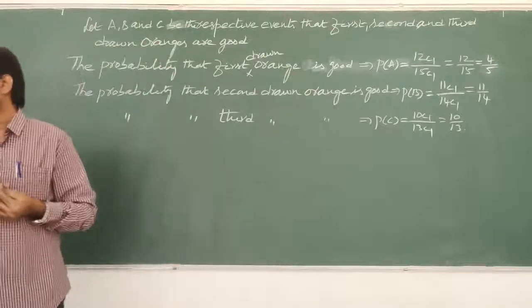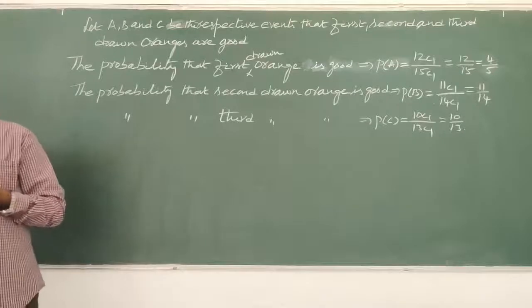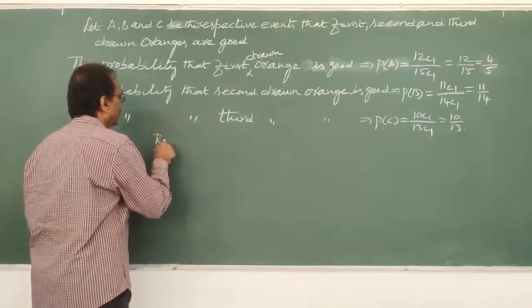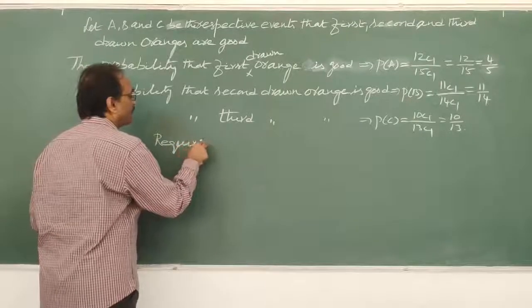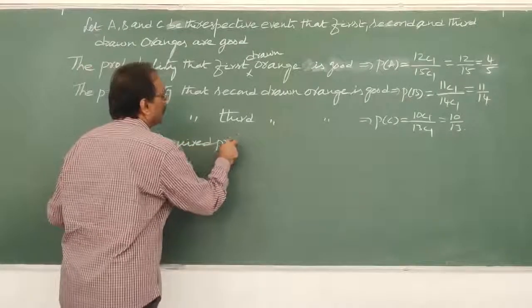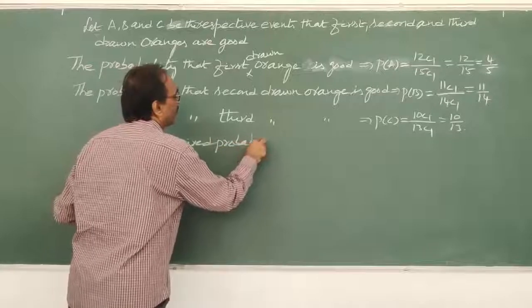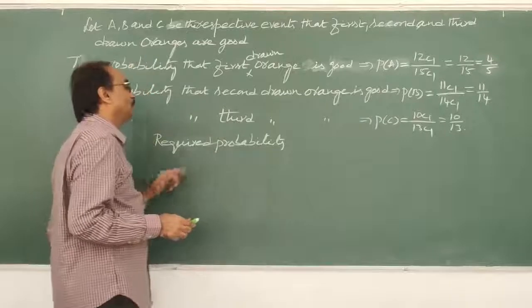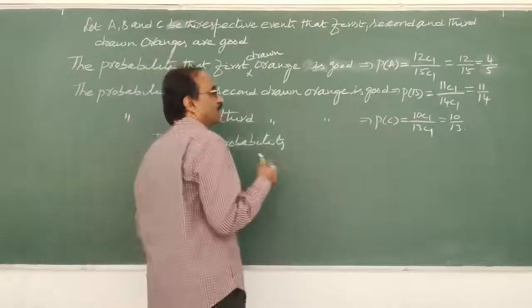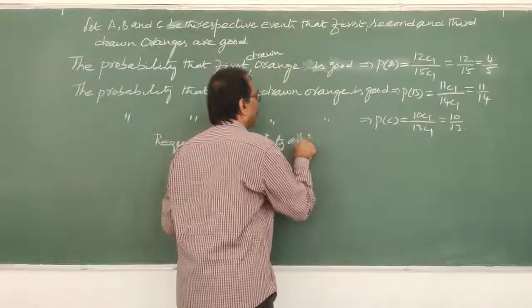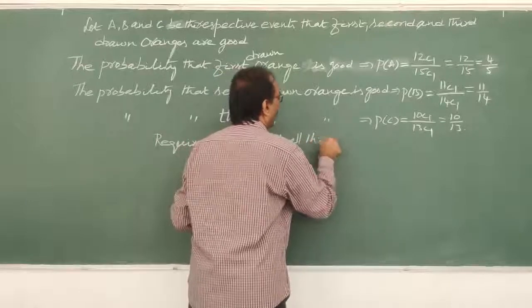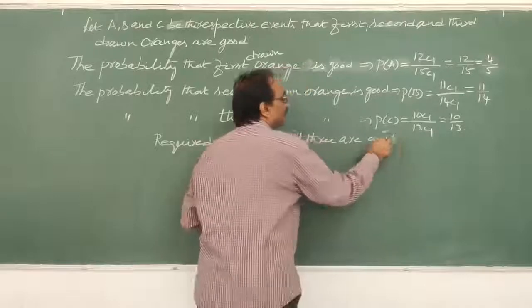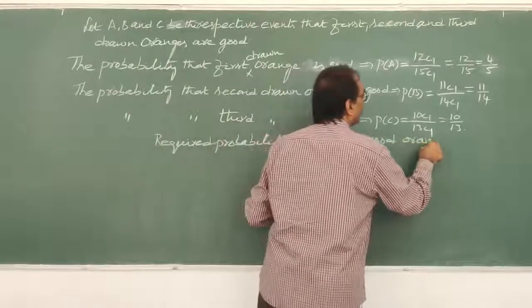So finally, you want the probability. So the required probability. What is the required probability, you tell me? The required probability is nothing but all three are good oranges. All three are good oranges means what is the problem?